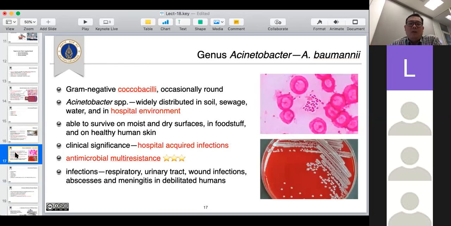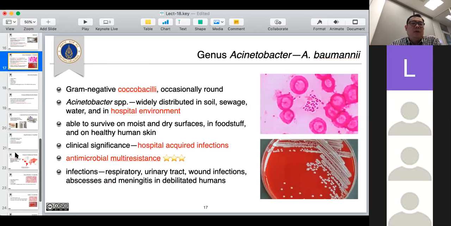So then we move to genus Acinetobacter. Acinetobacter is coccobacilli. Sometimes you probably see its cocci shapes, but it is classified in the group of gram-negative bacilli. Okay?